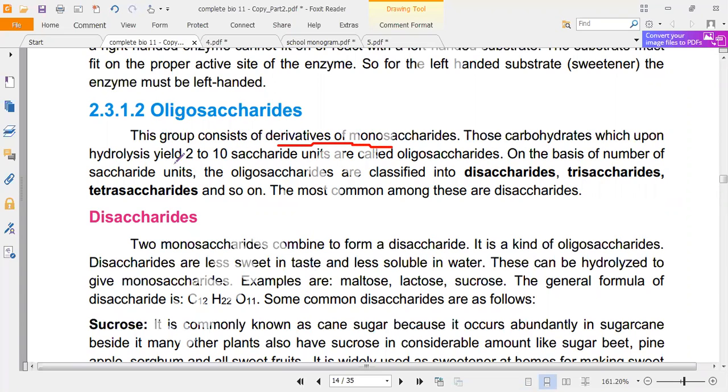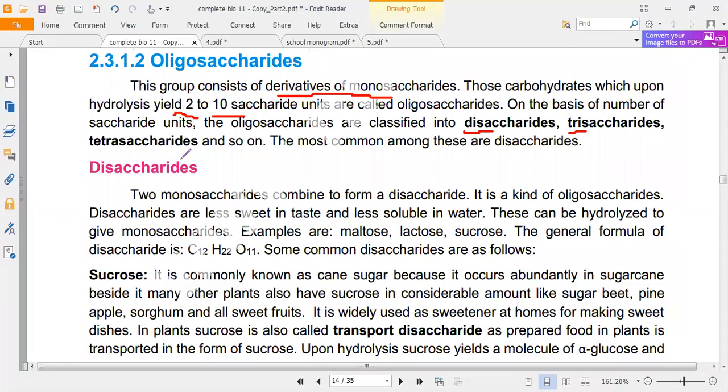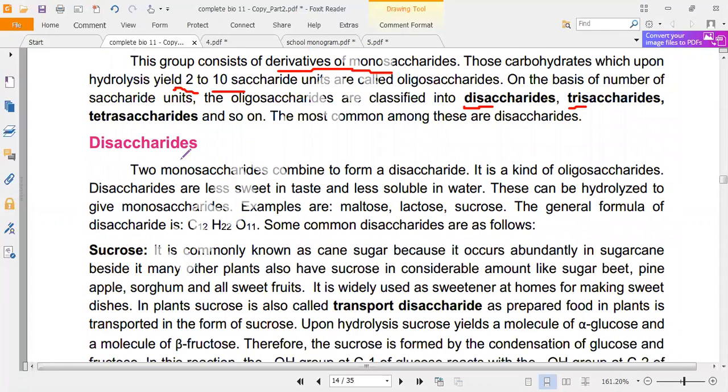The least is two units of monosaccharides, which when united are called a disaccharide, according to the number of monosaccharide units present. The highest is 10 monosaccharide units, united with one another upon condensation. Upon hydrolysis, they give 2 to 10 monosaccharide units.